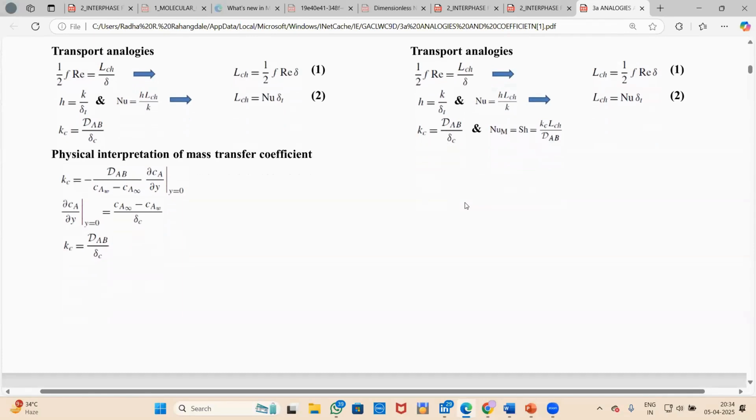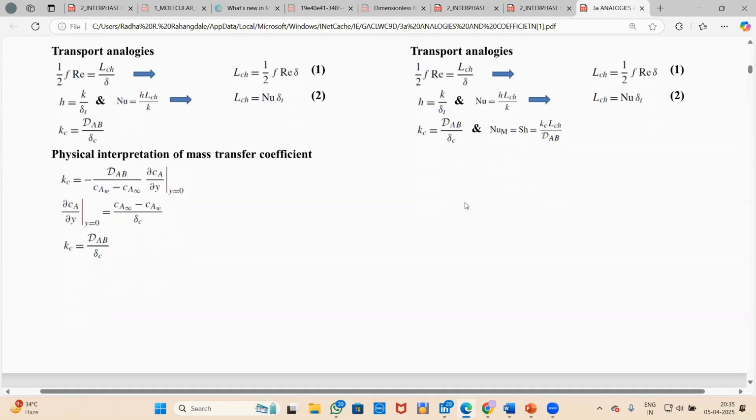Now moving on to the last segment, that is the physical interpretation of mass transfer coefficient. From the last segment again, we got the idea that k_c is equal to minus D_AB upon (C_Aw minus C_A infinity) into dC_A by dy at y is equal to 0. Again, rearranging the terms and bringing dC_A by dy on the left hand side, we get k_c is equal to D_AB by delta_C.